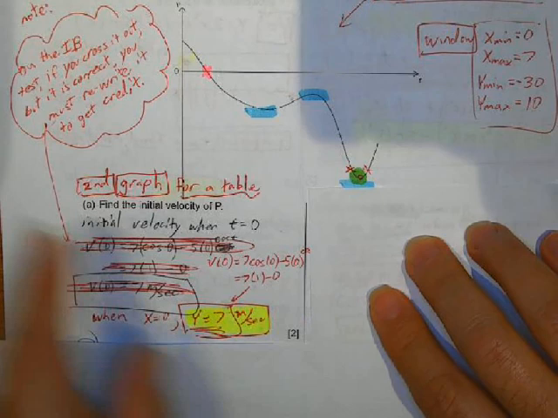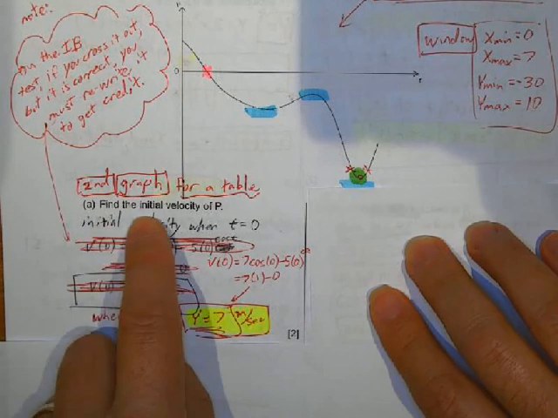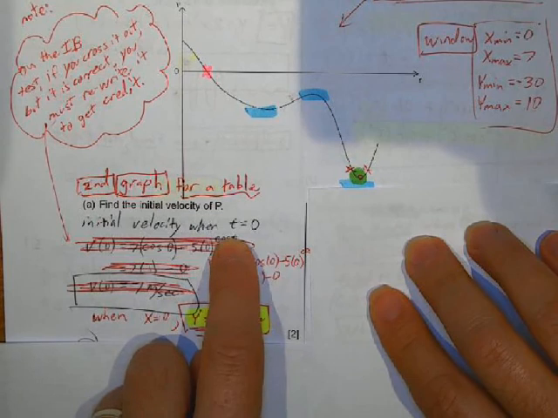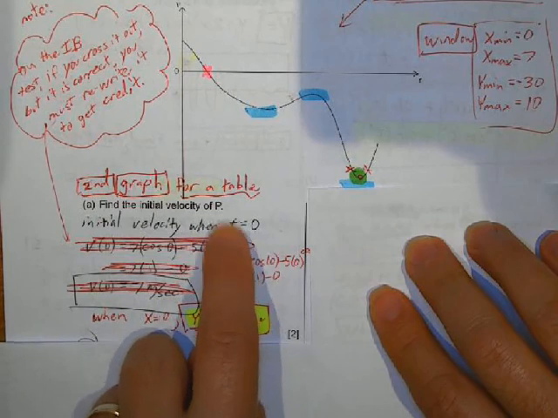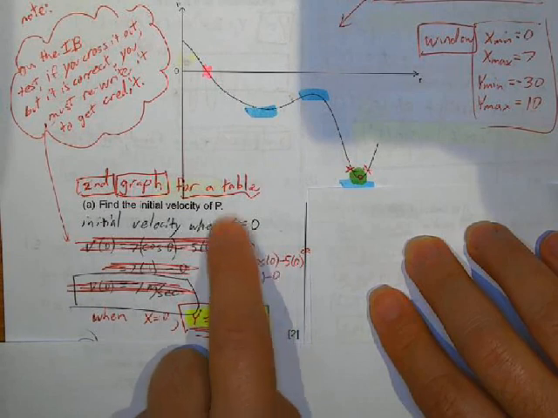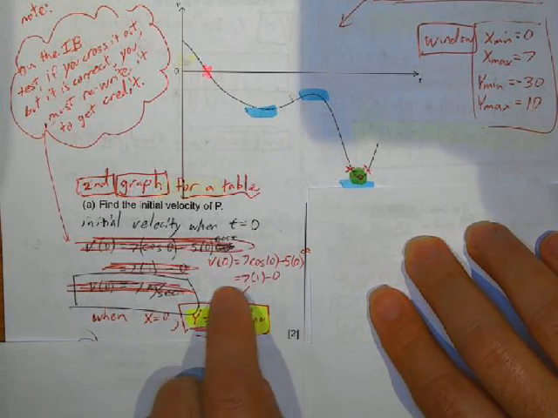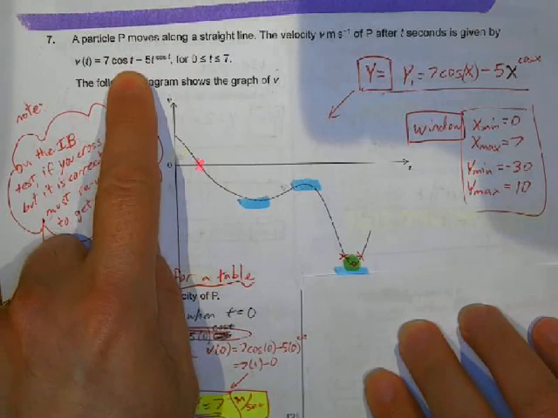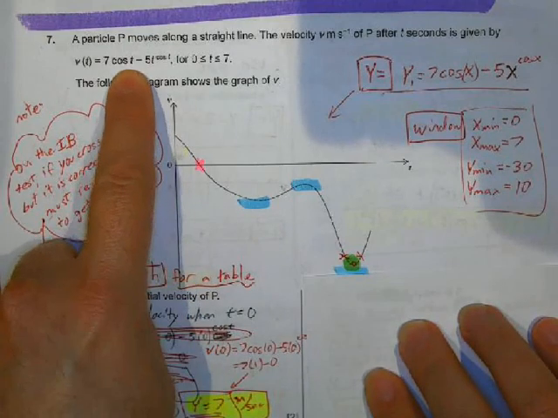So what does the first question say? Find the initial velocity of p. So the initial velocity of this particle p is when time equals 0. So I've got this equation, and I can replace t with 0.